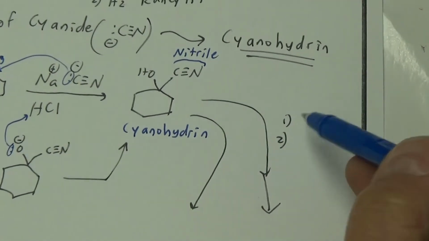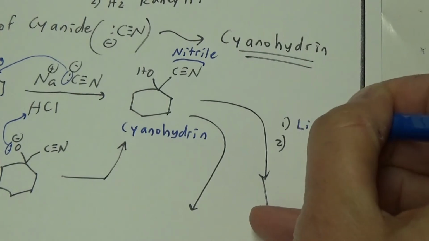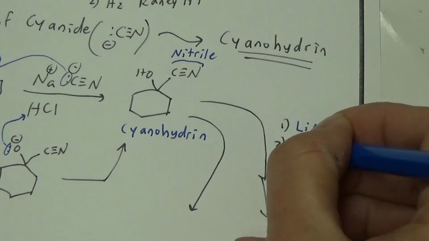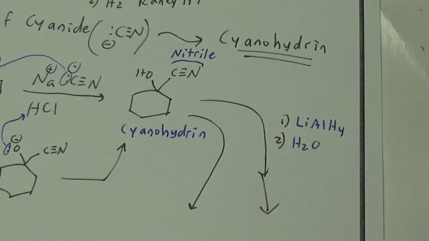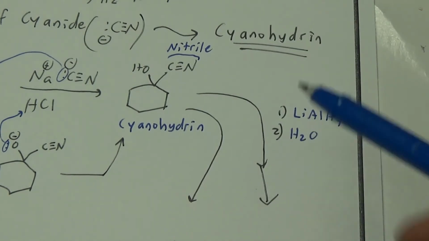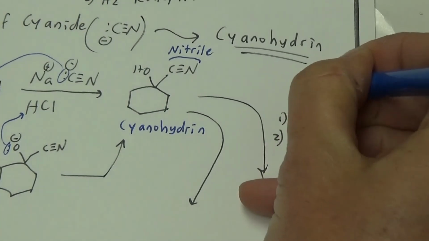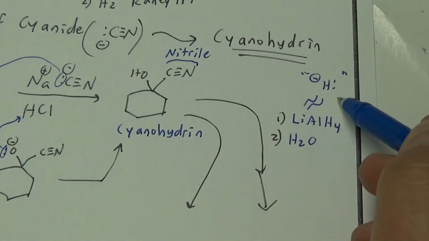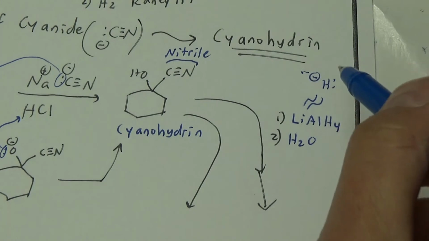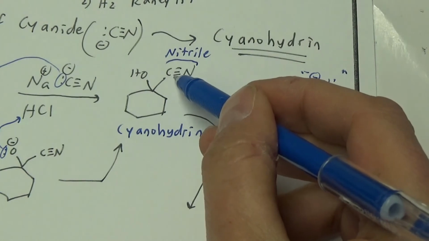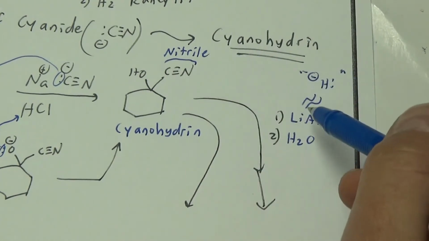So one of the things you can do to a nitrile is react it with lithium aluminum hydride, which is just a super duper reducing agent, and then water or acid. And what's this mechanistically equivalent to? It's mechanistically equivalent to H minus, right? So it's an H minus source, and you can imagine H minus would attack the nitrile and basically destroy the triple bond, and that's exactly what it does.